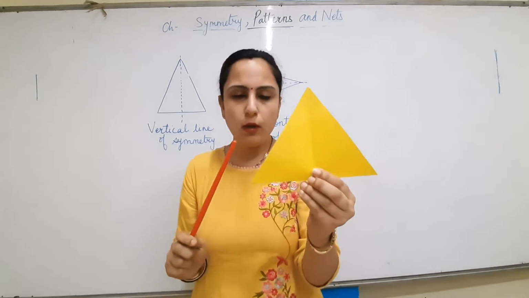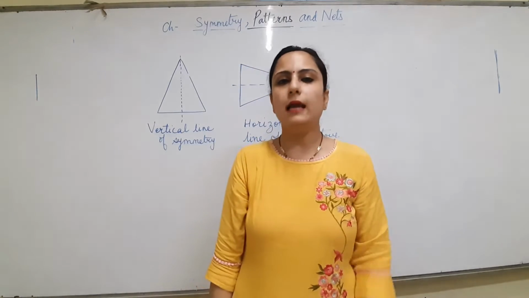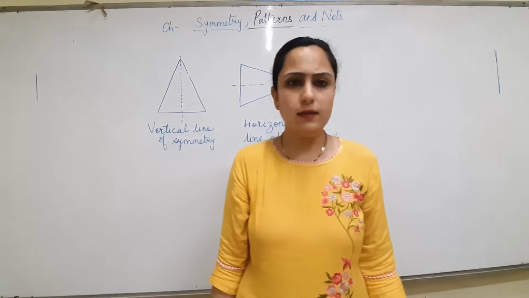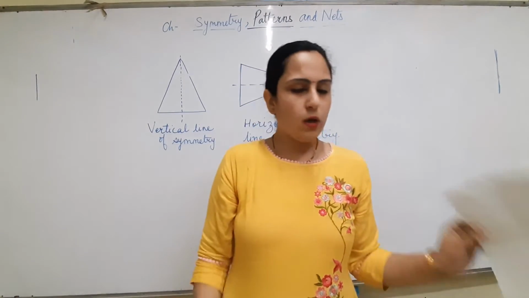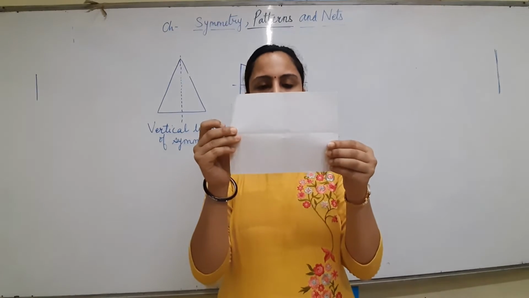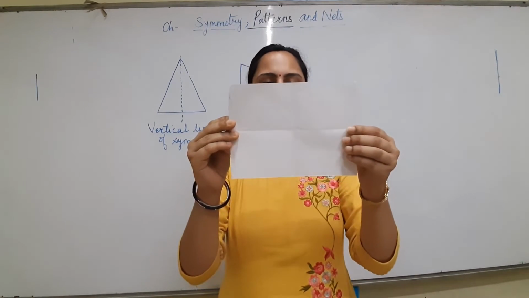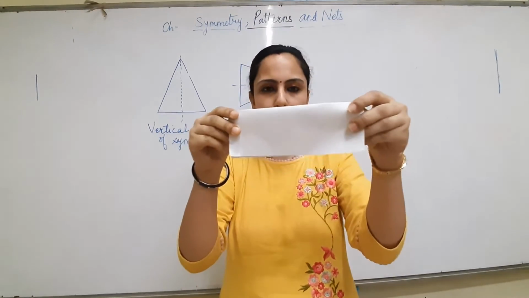Now this is only one line of symmetry. This shape, the isosceles triangle, has only one line of symmetry. Can you guess any other shape having two lines of symmetry? Yes. What is this? This is a rectangle. When you fold it like this, see, it is exactly overlapping.